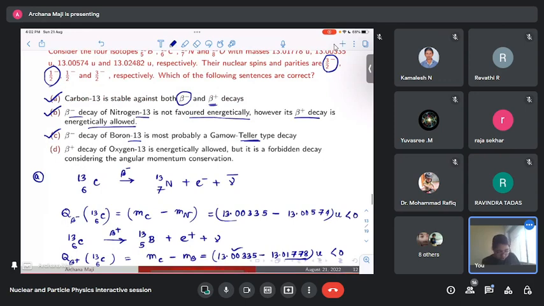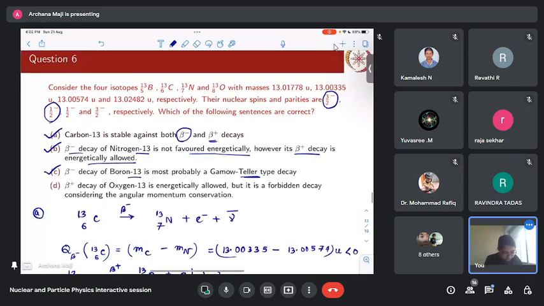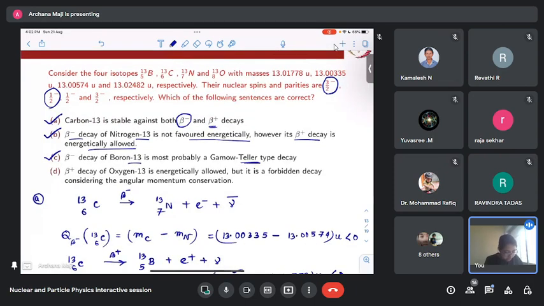Alright, let us now see option D. Beta plus decay of oxygen 13 is energetically allowed. So let's check the first statement.